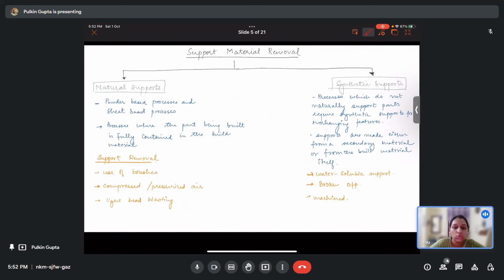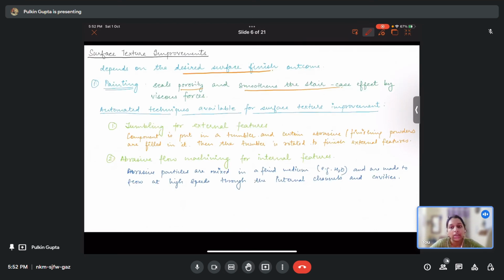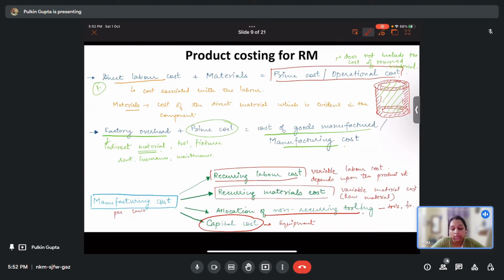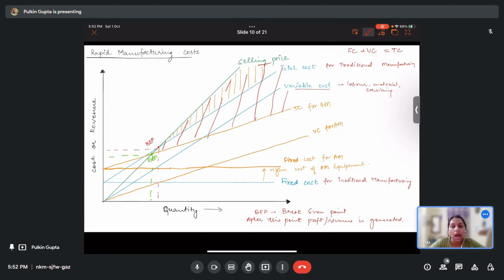Then we moved to the support materials, the natural supports and the synthetic supports, how they are removed, and how we can work on the improvement of surface texture, the aesthetics, the accuracies, etc. And then we saw the product costing, wherein we saw what consists of the operational cost, what consists of the manufacturing cost, how the manufacturing cost varies, what the break-even point is, how it is affected with the introduction of additive manufacturing, and how we need to optimize the costings based on the quantity, the production volume, and complexities in design.